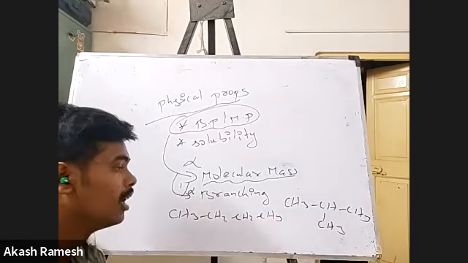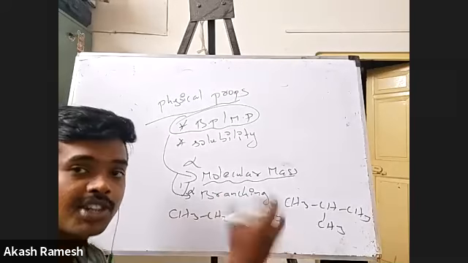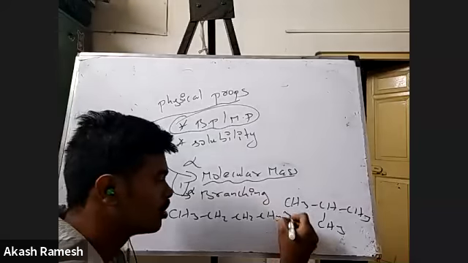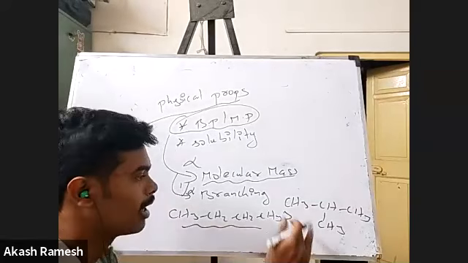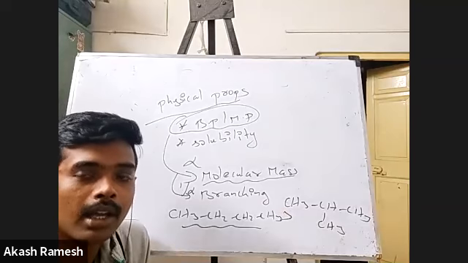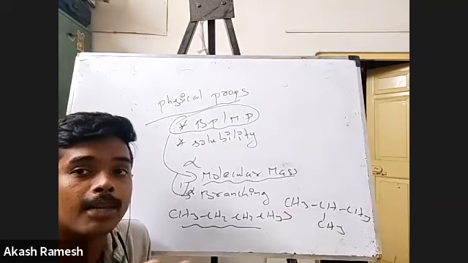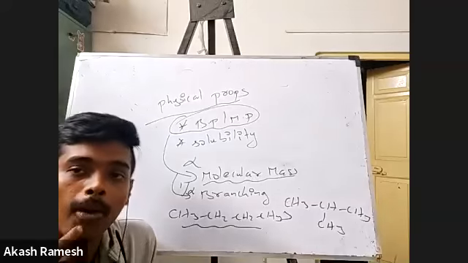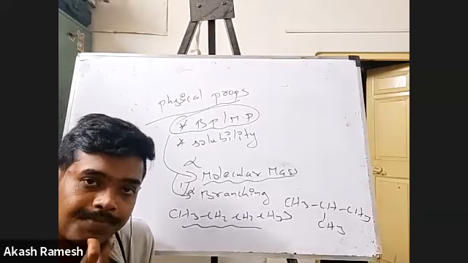I told you more and more branching, less and less will be the boiling point. So this has less branching and is going to have more boiling point than this particular compound. So molecular mass is directly proportional, and branching is inversely proportional to the boiling point of the particular species.